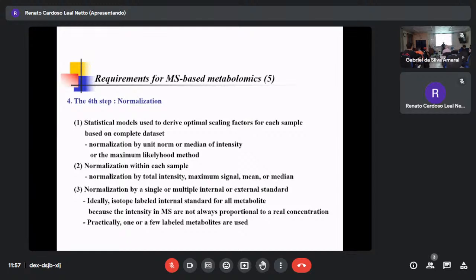Normalization is like this: let's say I give a urine sample. Yesterday I drank some beer, so I have a very diluted urine. If I didn't drink any drop of water, very concentrated urine. I measured both, diluted and concentrated urine, and the signal intensity is completely different, right?